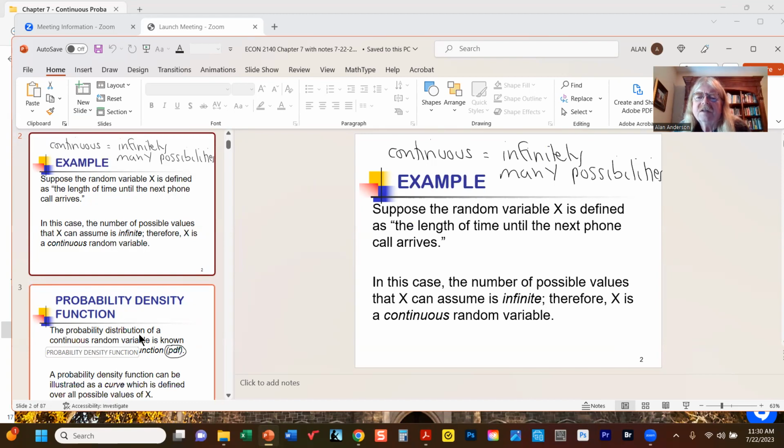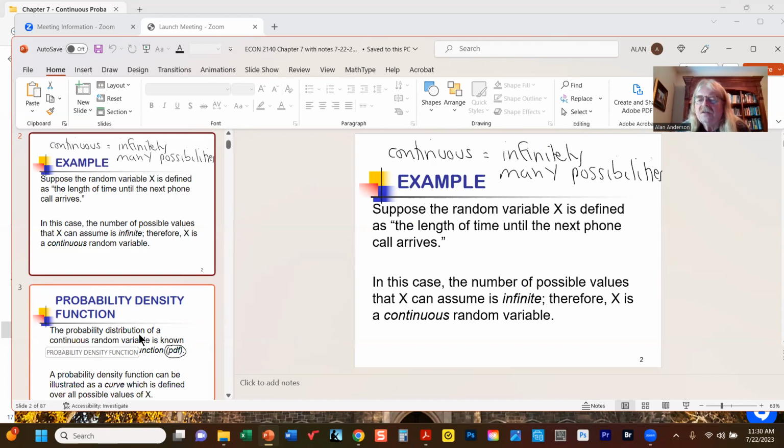Here's a good example of this. Suppose we define the random variable x to be the time until the next phone call arrives. Now, of course, with time, there's a fractional component. It could be that it's 3.7 minutes until the next phone call, or 2.719 minutes, or 5.0188, or something like that. In other words, we're not restricted to integers like we are with rolls of the dice or flips of the coin.